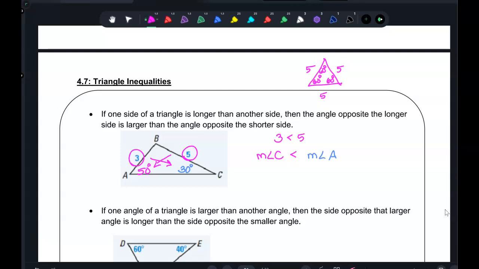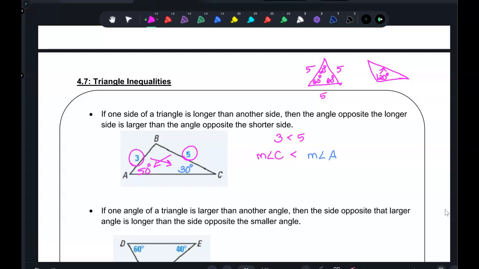Cool. Now, imagine if I made one of the angles bigger all of a sudden, right? So let's say now I made this 120 degrees. What do we notice happened to that side? If we open up this triangle to make a bigger angle, doesn't the side get bigger also?